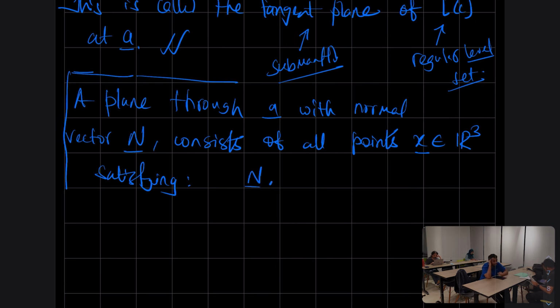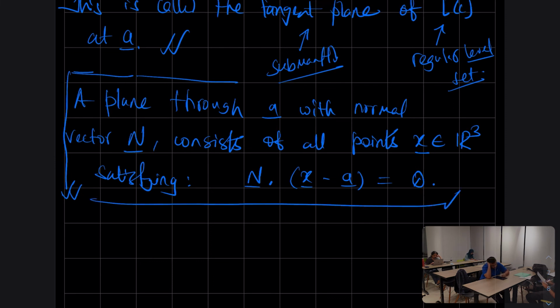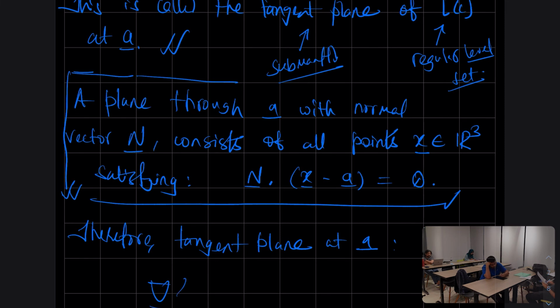This is definitely coming from the level sets, but I'm defining a plane now. So that's how one defines a plane. If this is a definition for a plane, then the tangent plane at A really falls into that and can be written like that. That is the same thing because it's a normal vector.